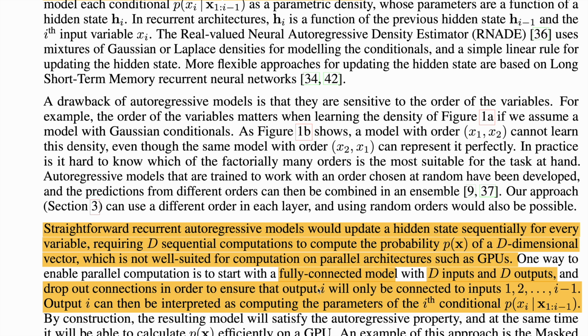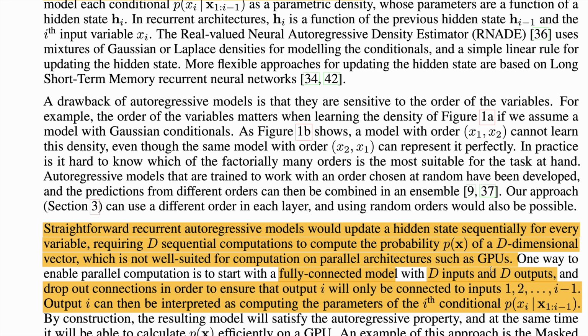And basically the way to do that, let's say you take a fully connected neural network with D inputs, D outputs. And basically, you will apply a mask on the weights, so you will kill some of the connections. So for example, you will kill the connection between output 10 and input 11.